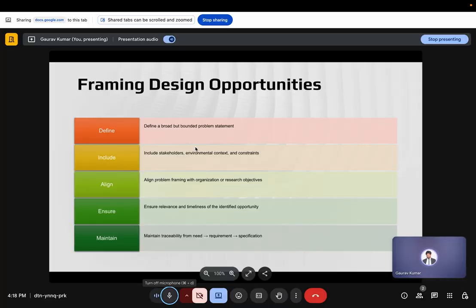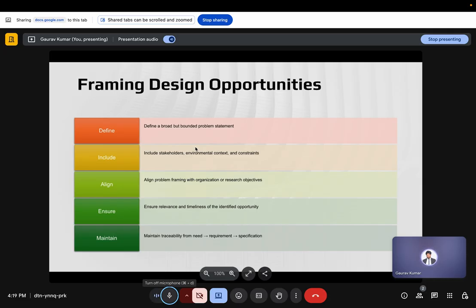The framing incorporates the regulatory, environmental, and infrastructural realities, and it tests the fit with institutional strategy, competencies, and platform to ensure feasibility and leverage.